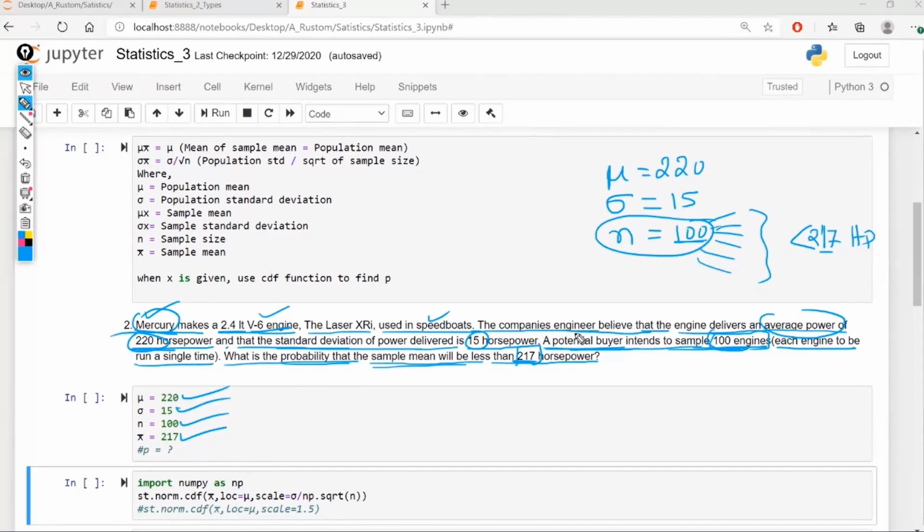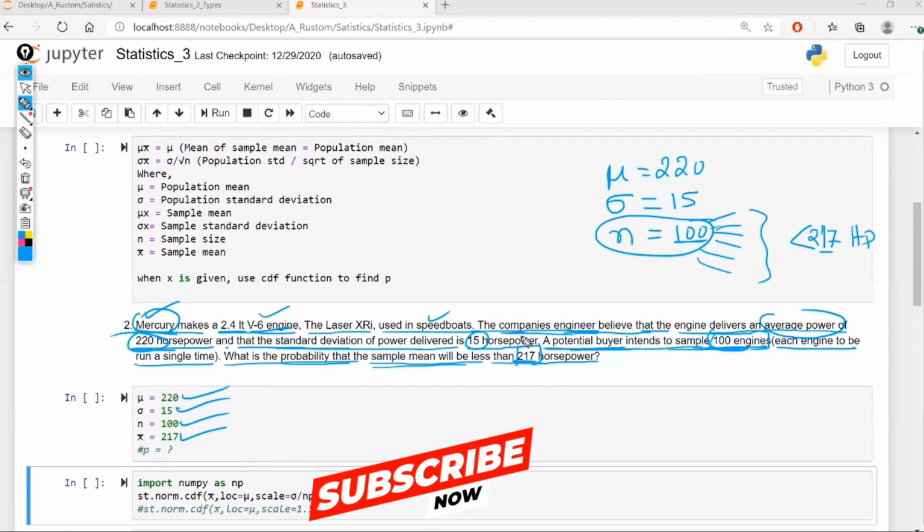Whenever a company engineer says something about his product, he always says it in terms of a population. He is not claiming for one engine or two engines. He always talks in terms of the entire set of engines manufactured in his company, so he is talking about a population.